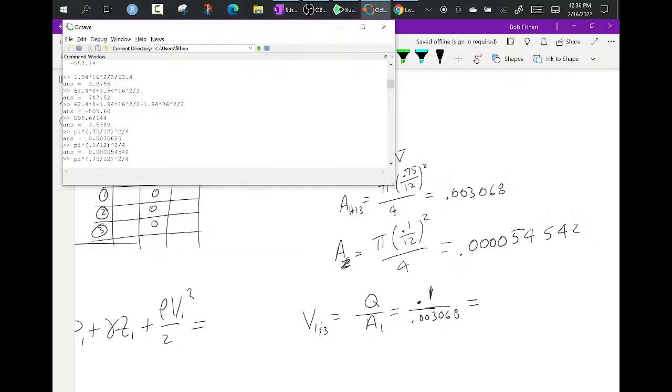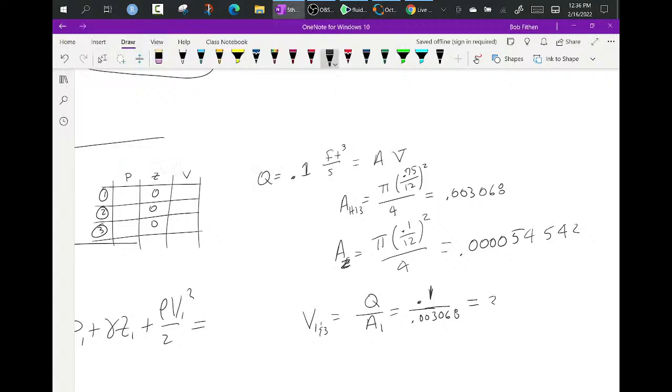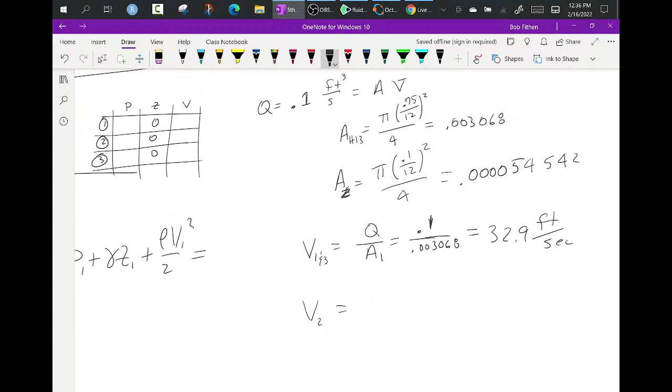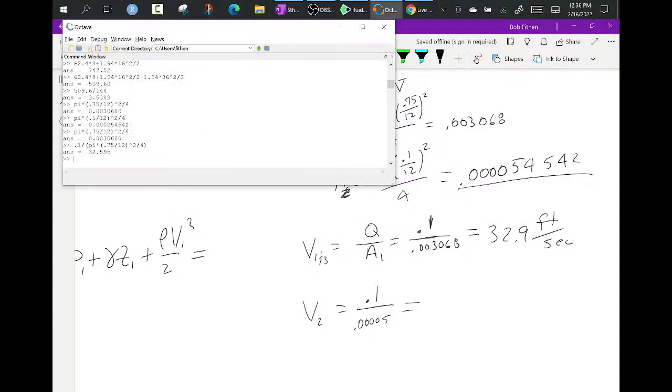That gives about 32 feet per second. Let's look at the velocity at 2.